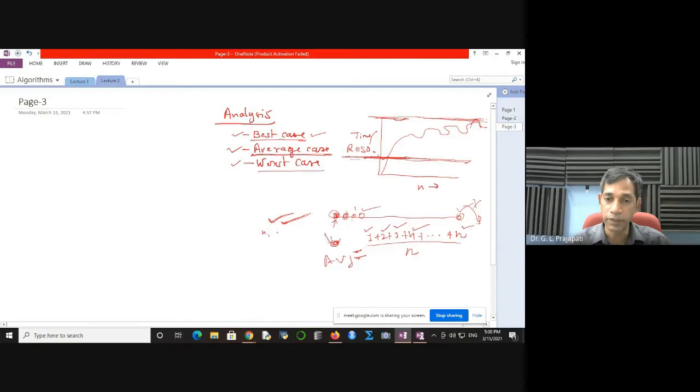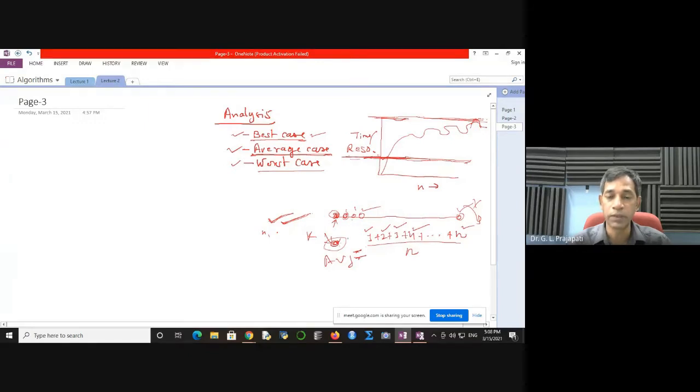Here, you are searching for the value k, and k can be in the first position, in the second position, in the third position, or in the nth position, and k may not be in the list also. So k being the ith element has an equally likely probability.